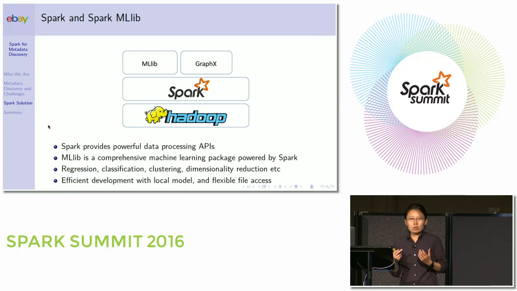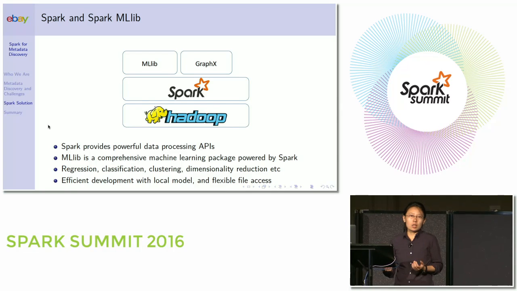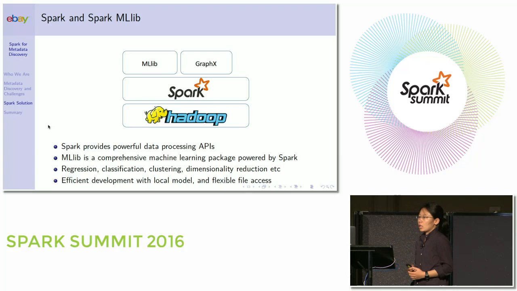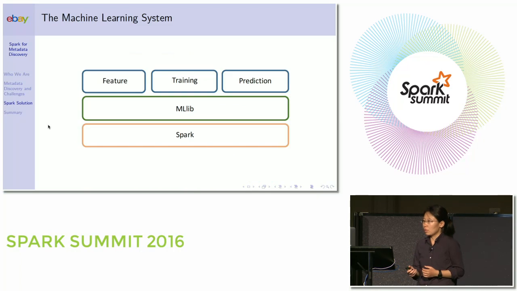We also found that there's MLlib, which covers a lot of commonly used machine learning algorithms such as regression, classification, clustering, and some important routines like dimension reduction. So we found that this is probably an ideal tool for us to implement this production application.